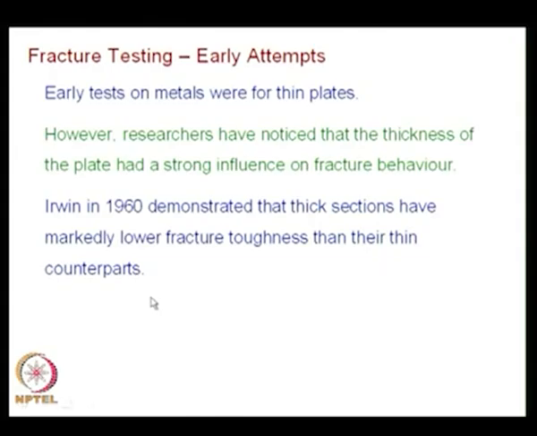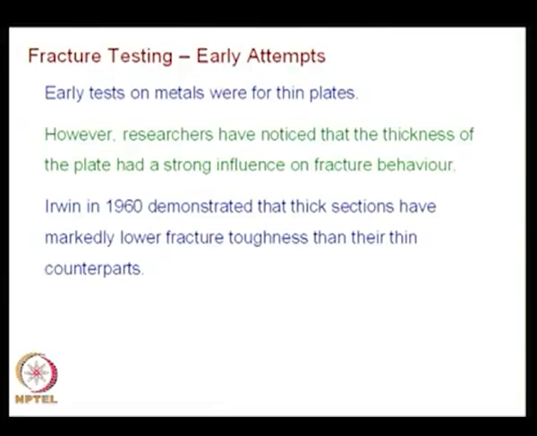At that time they did not know what the reason was. When you are doing a design, you will have to take a value which is a property of the material, and when does it become a property of the material? Only under plane strain condition, that we know.